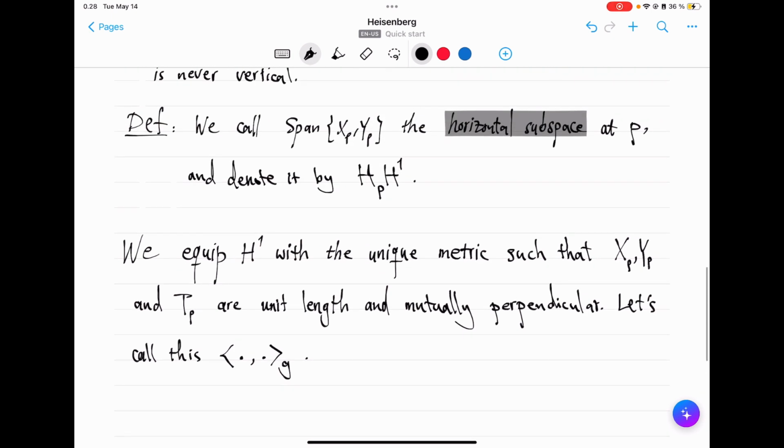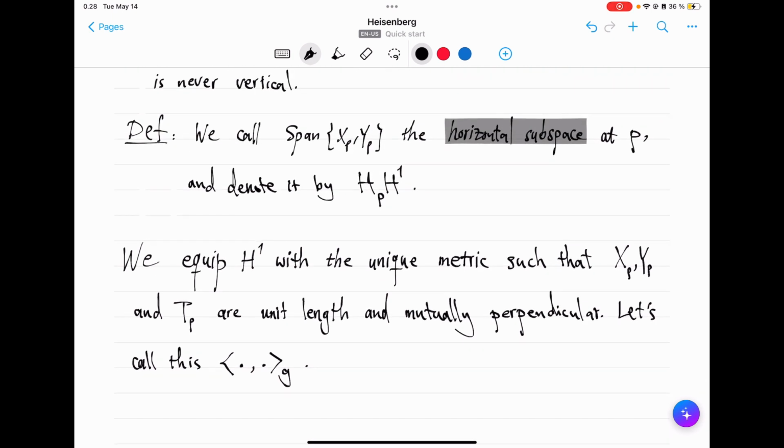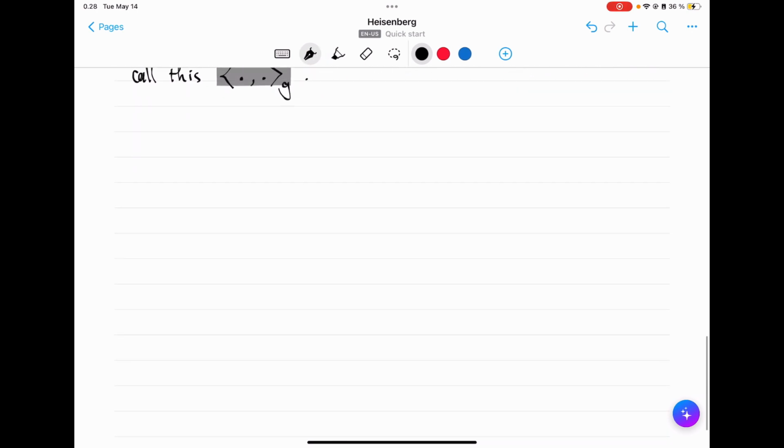So what do we do with this horizontal subspace and with this new norm on R3? The answer is we are going to construct a new metric on R3.